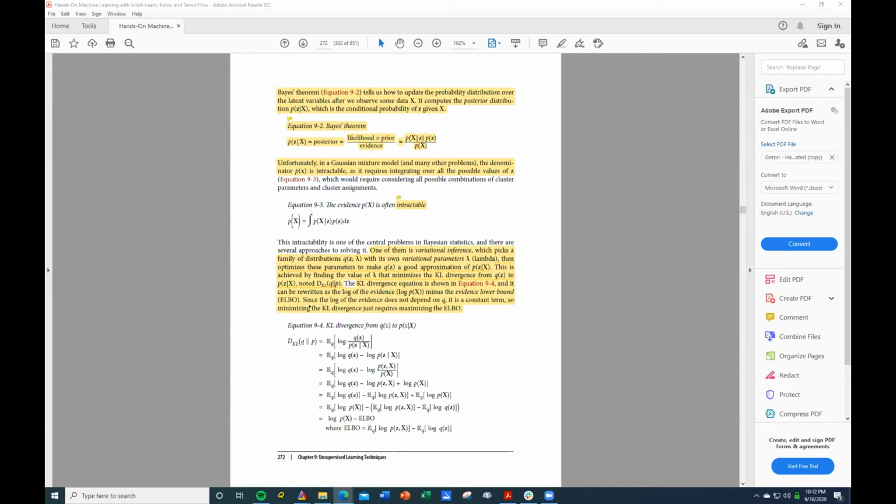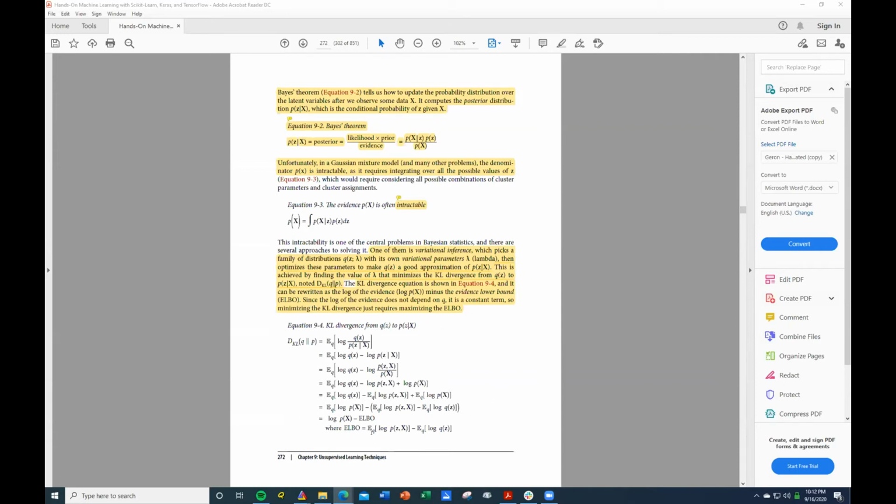Since the log of the evidence does not depend upon the distribution Q, it's a constant. So by minimizing the Kullback-Leibler divergence, you just have to maximize the ELBO.